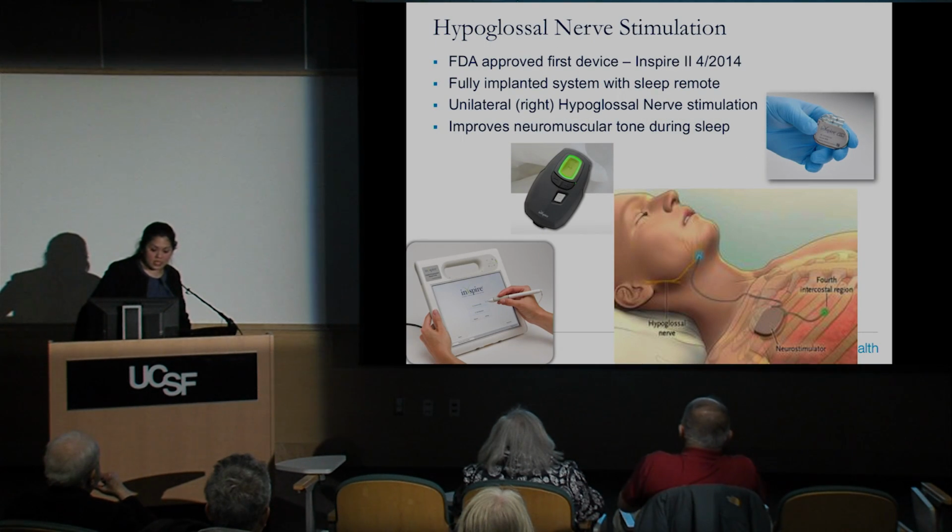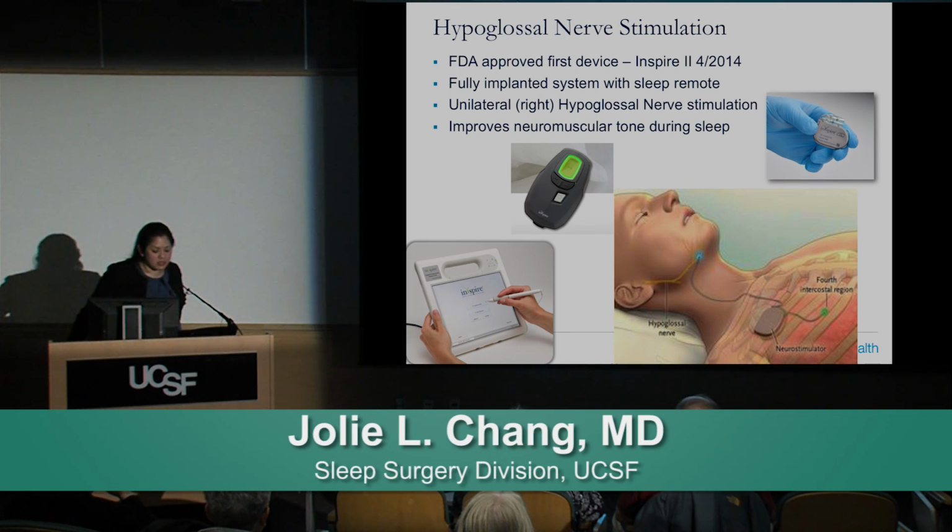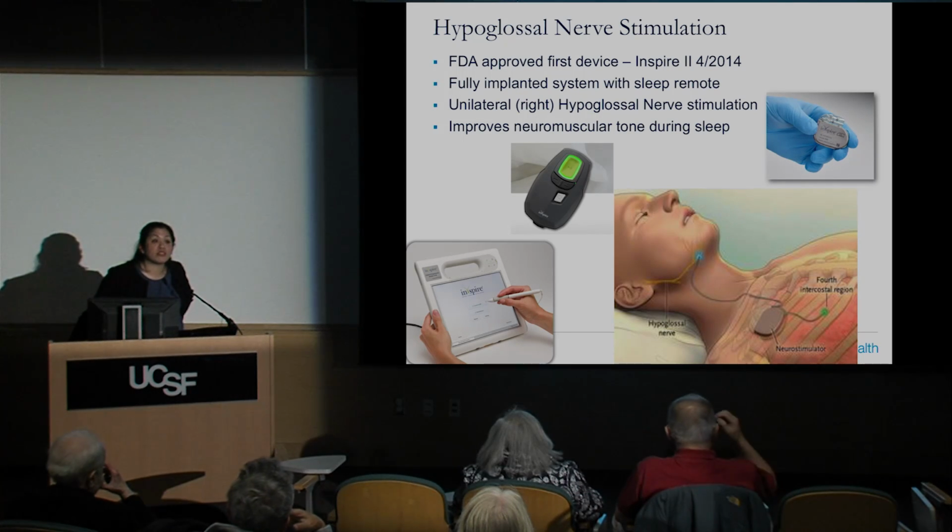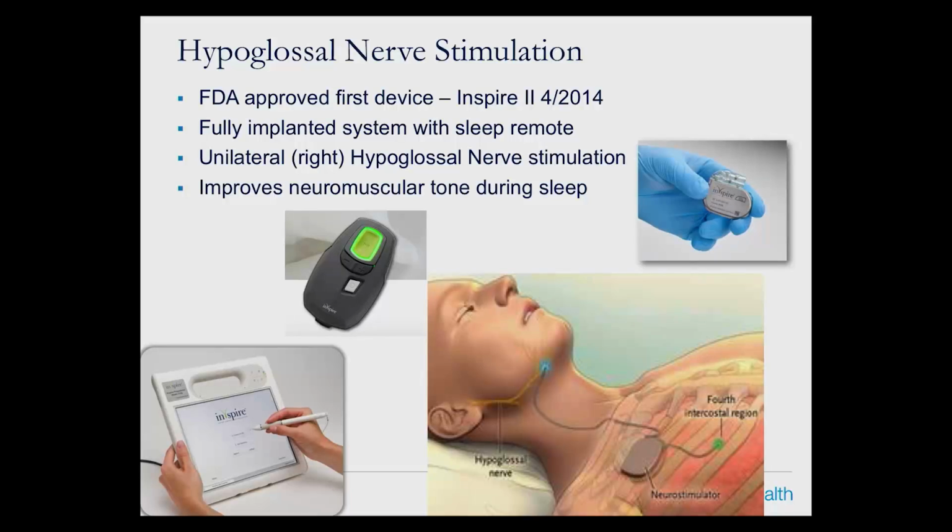Some of the newer things that people are hearing a little bit more about: hypoglossal nerve stimulation. This is an FDA-approved treatment that was approved in 2014, so really recent. The idea behind this therapy is that it's an implant, very similar to a pacemaker, that's implanted under the skin.